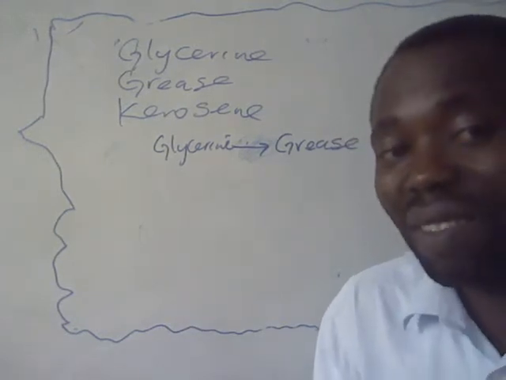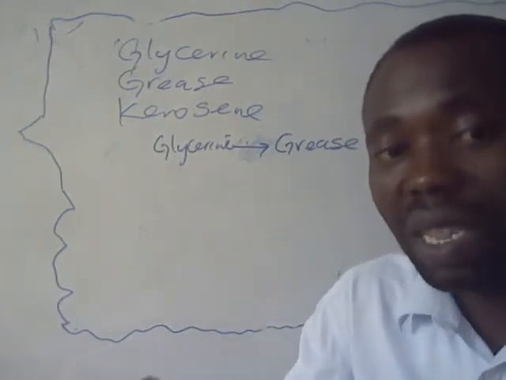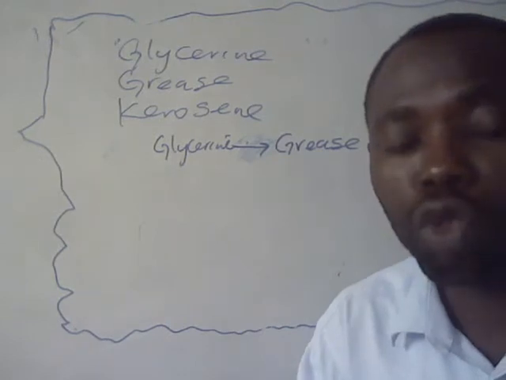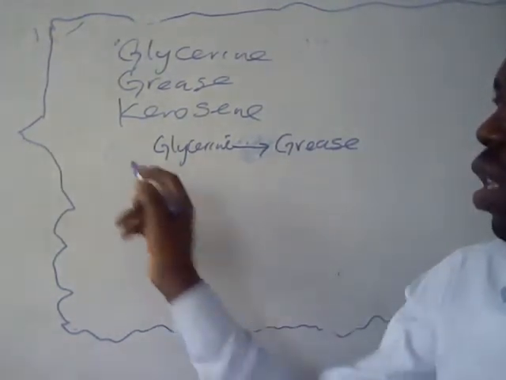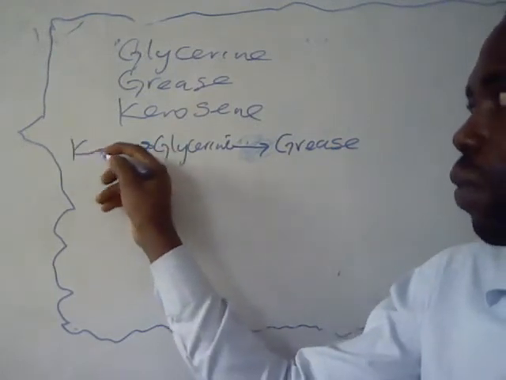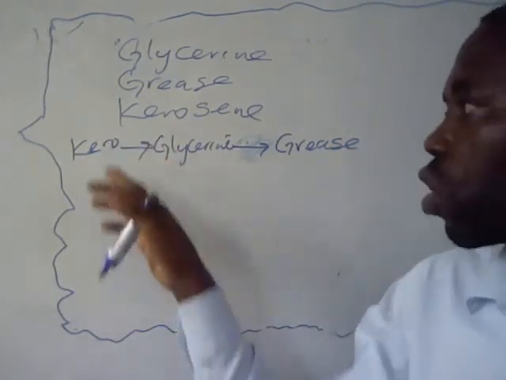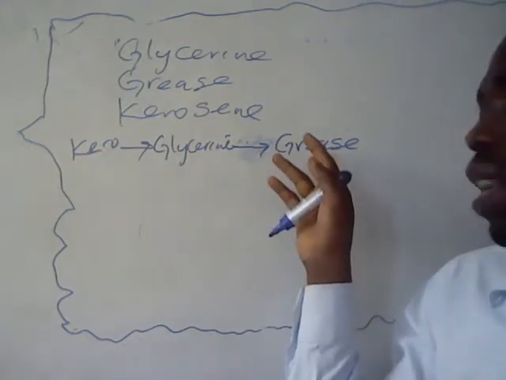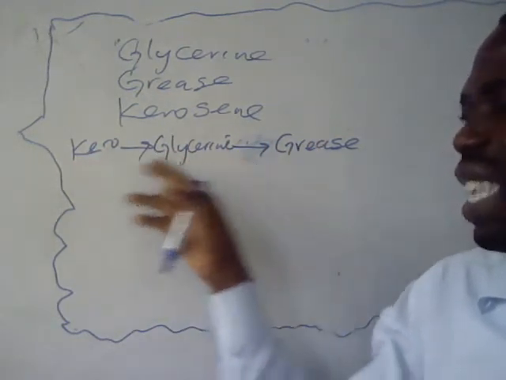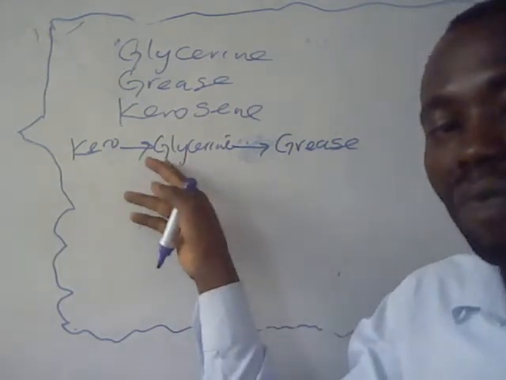The three hydroxy groups make the glycerol viscous, thick. So the first one will now be kerosene. So kerosene followed by glycerine followed by grease. So this is in order of increasing viscosity.